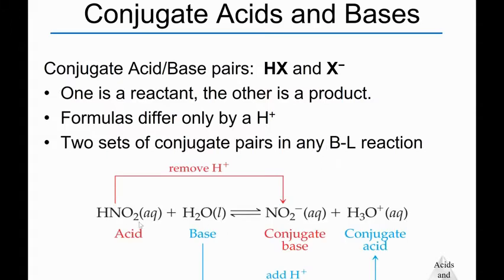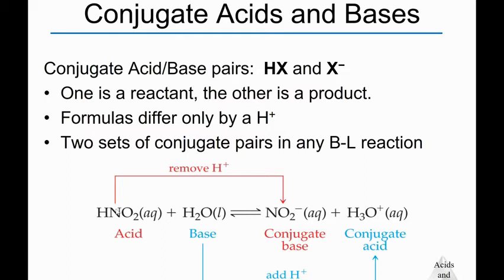So for example, if we take a look at the example below, we can see we have nitrous acid, which is HNO2, and we can see in this reaction that it is donating the proton to water, which in turn is behaving as a proton acceptor, and it is forming a conjugate base and a conjugate acid.